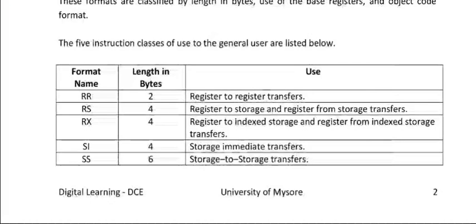RX is also 4 bytes and it supports register to indexed storage and register from indexed storage transfers. SI is the next type of instruction class which is also 4 bytes in length and it supports storage immediate transfers. And SS is the storage to storage transfers, and this takes the maximum memory, that is 6 bytes.